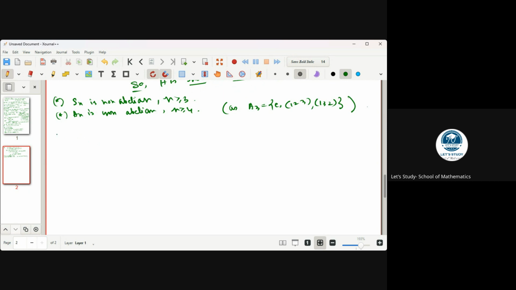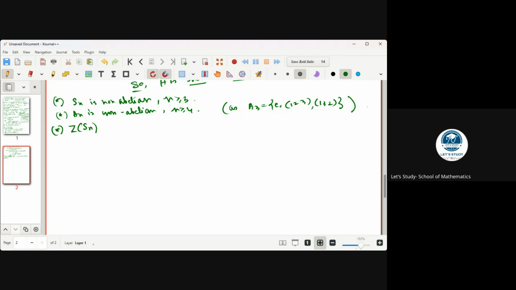Now, some important thing. Sir, how does the second proof come? I mean, the non-abelianness of An, how does it follow for n from 4 onwards? Sn is non-abelian for n greater than or equal to 3, right? We have already shown that in the previous class.